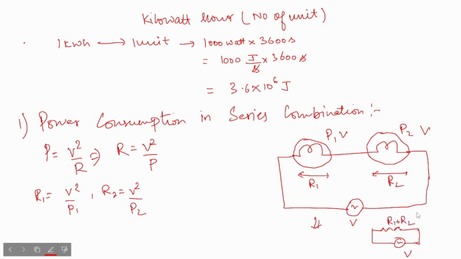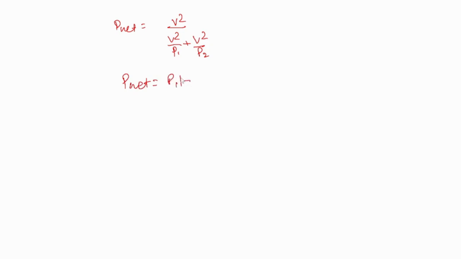Since they both are in series, your P net will be V square upon net resistance, that is R1 plus R2. Now you can put the values of R1 and R2. P net equals V square upon V square by P1 plus V square by P2. Now if you take V square common and take the LCM, P1 P2, you will get P net equal to P1 P2 upon P1 plus P2. This will be your net power.